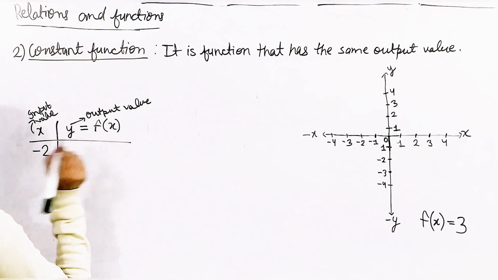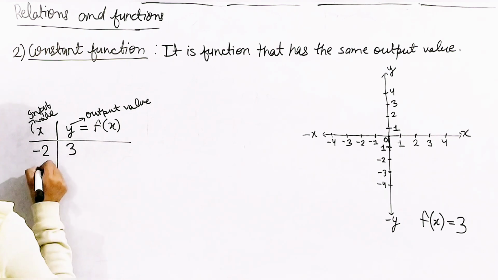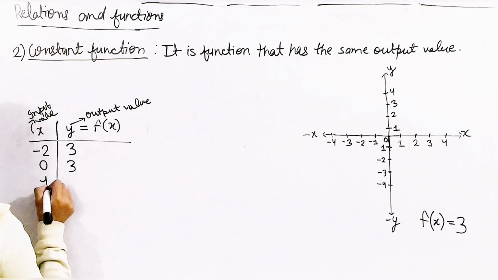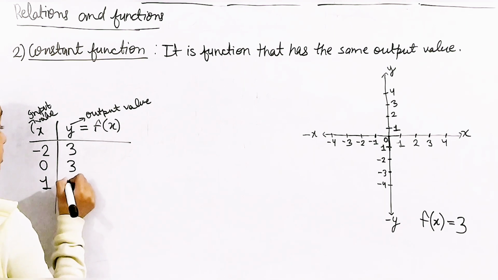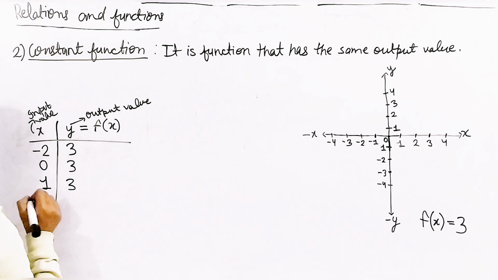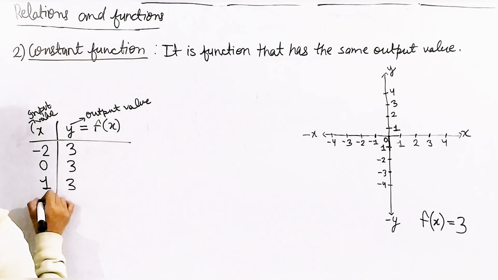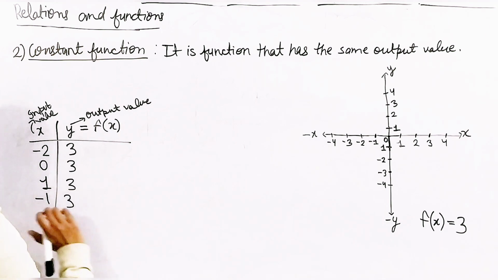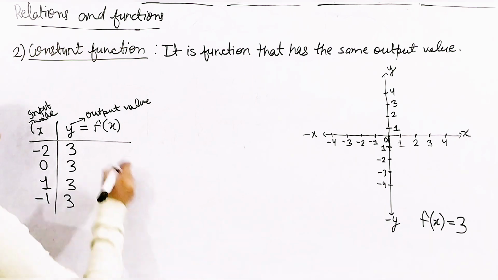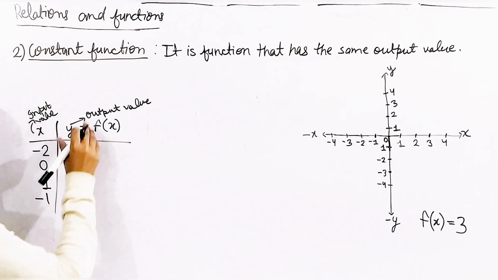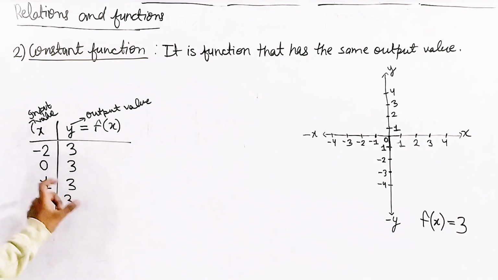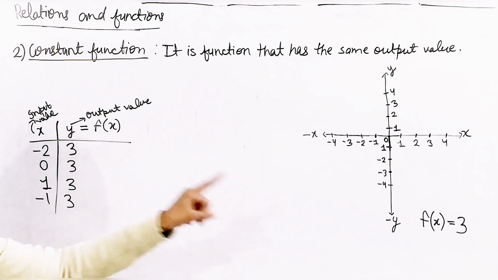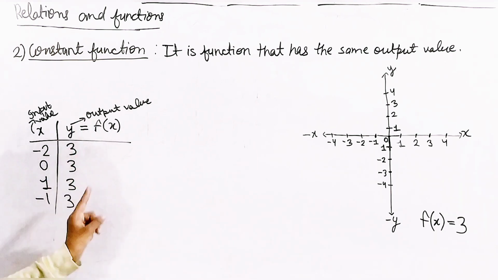It doesn't matter what the input value is. Even if I say 0, it's still going to be 3. Even if I say 1, it's still 3. Even if I say -1, still it's going to be 3. Because it's constant, if f(x) is equal to 3, it will have the same output value.